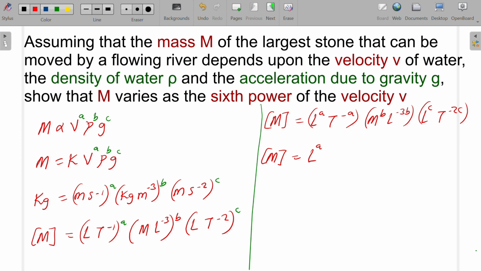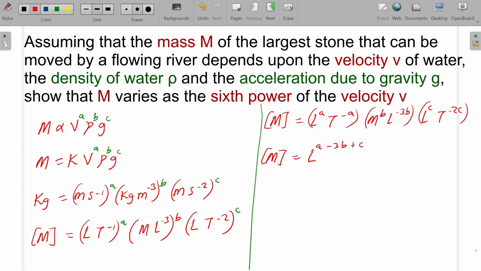So a added to plus minus 3b, but since we have a minus, this plus is going to be cancelled by the minus, so we're going to have minus 3b there, and this will be added to c on the other side. So that's what we'll have for that part.